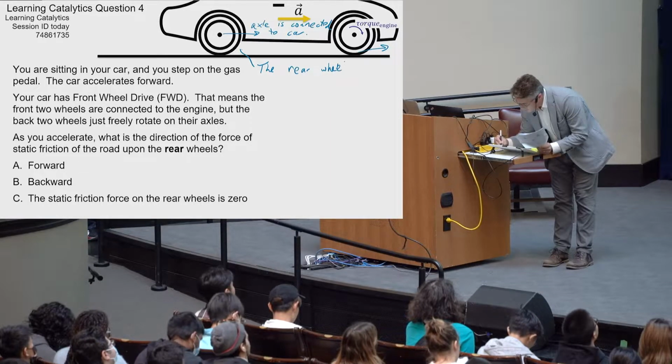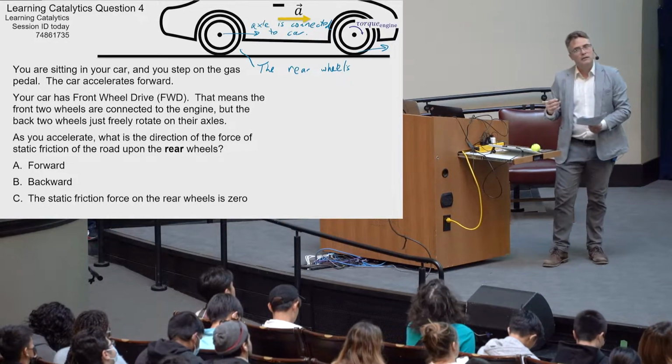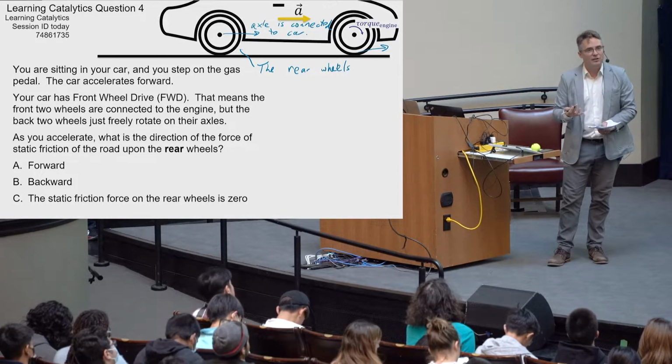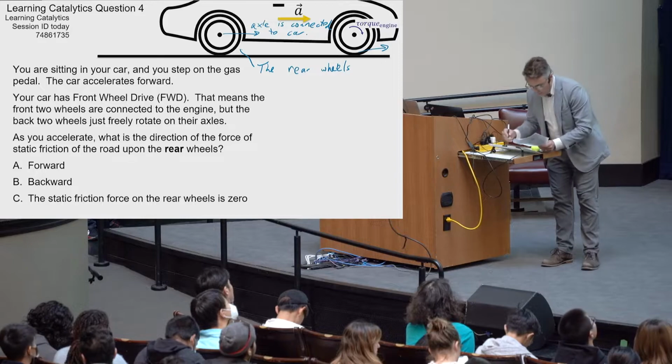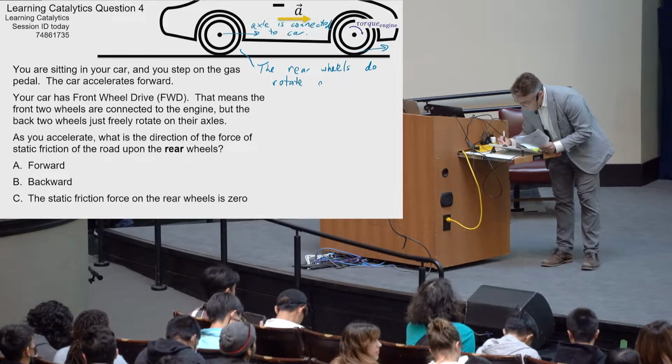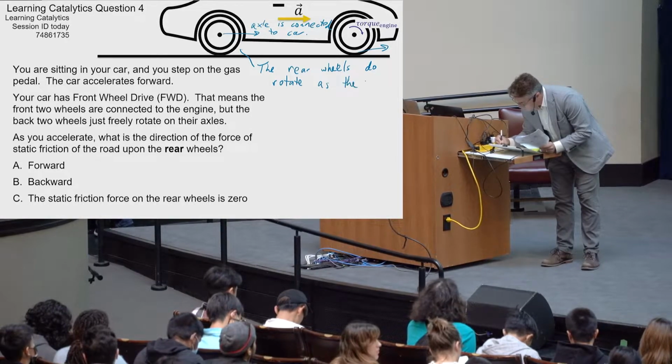I don't know if you've noticed this, but even if you have cars with front-wheel drive, you can't tell because all four wheels are rotating as the car is moving. So why is that? The rear wheels do rotate as the car accelerates. They roll without slipping.